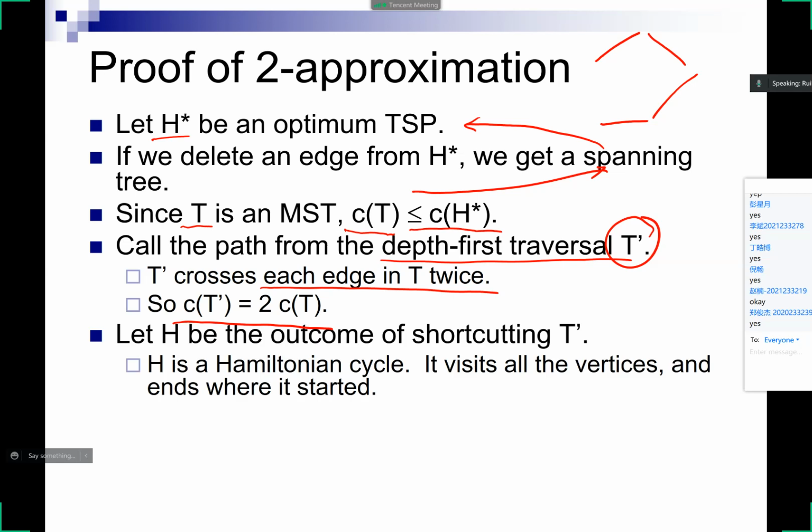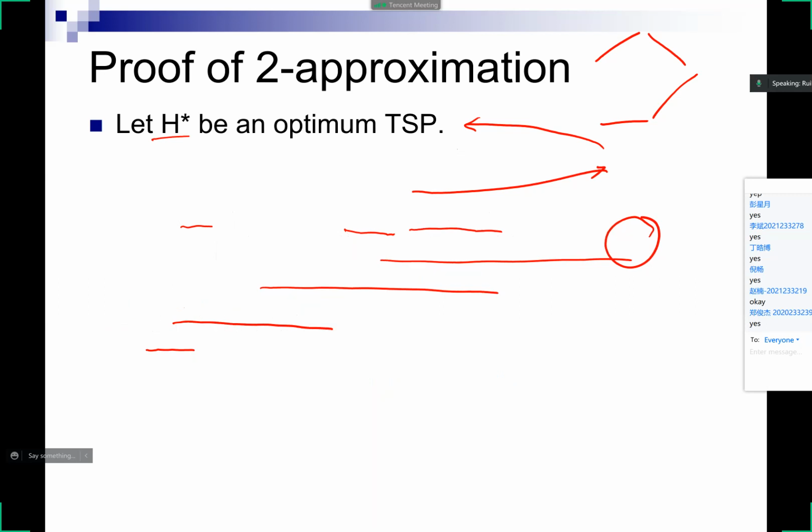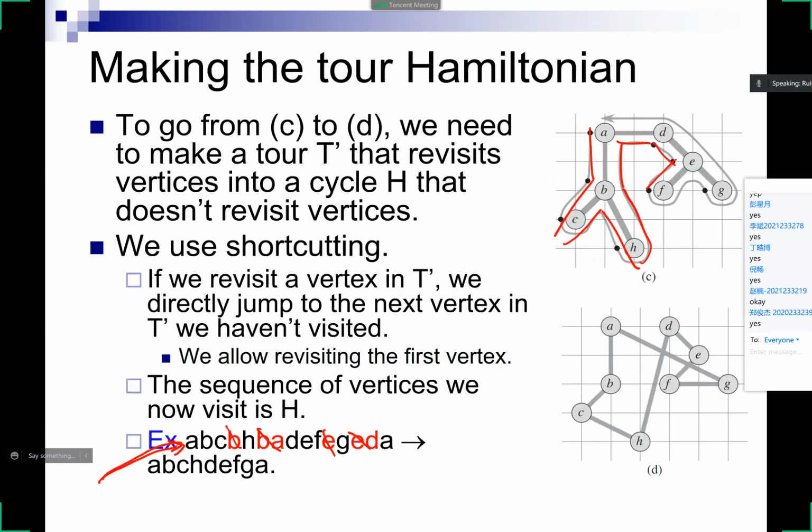Next, after we did this DFS and got T prime, we did the shortcutting procedure and got this graph H. First of all, H is a Hamiltonian cycle, meaning it visits all of the vertices exactly once and also ends where it started. The DFS itself visits all of the vertices, as we can see in the picture.